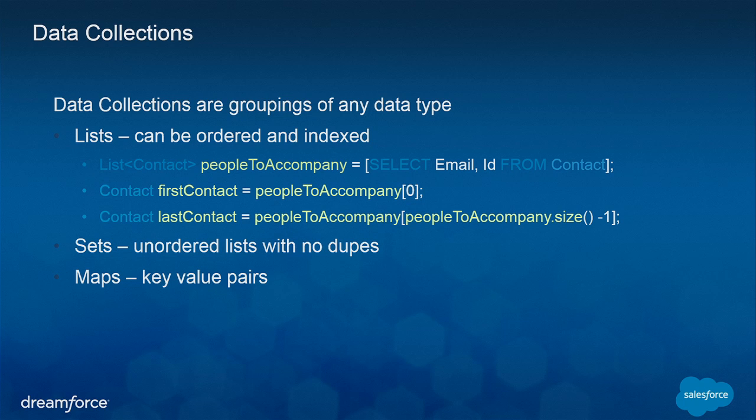We haven't counted them, but there's a size option. You see the dot? That's our polymorphism in action. Dot size lets us know that we're taking the people to accompany variable, we're computing the size of that variable, and then we're subtracting 1 to get the last number.